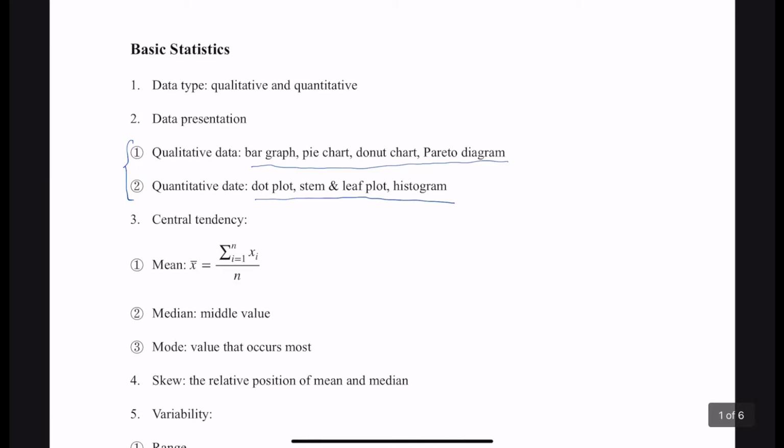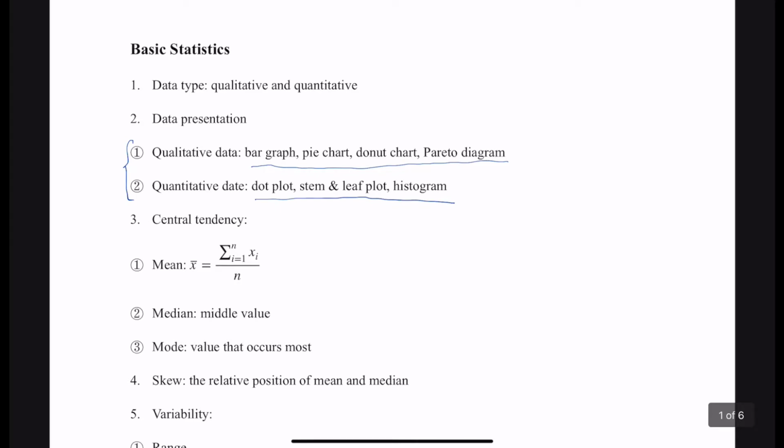You need to know how to draw these graphs and charts. That's all you need to know. And also, if you are interested, you can explore in Excel how to draw these charts and graphs. That would be pretty interesting, and Excel will be more useful in professional work.